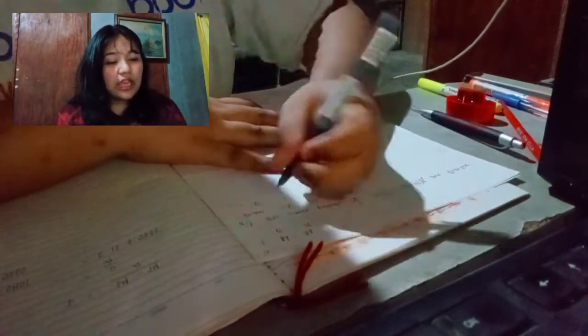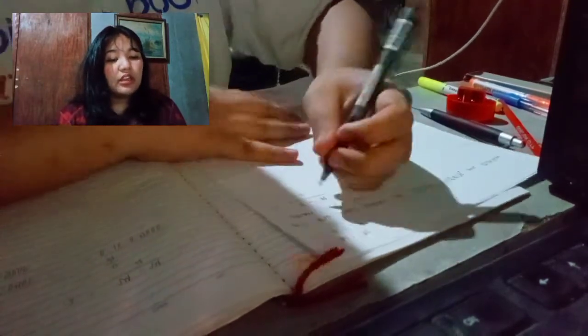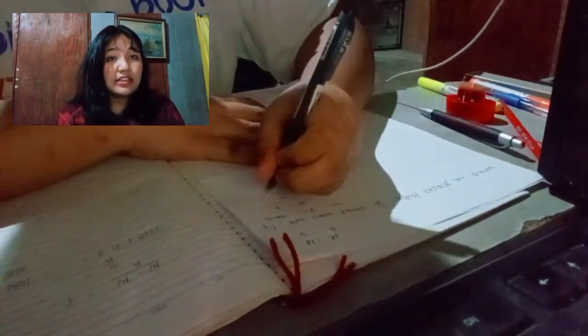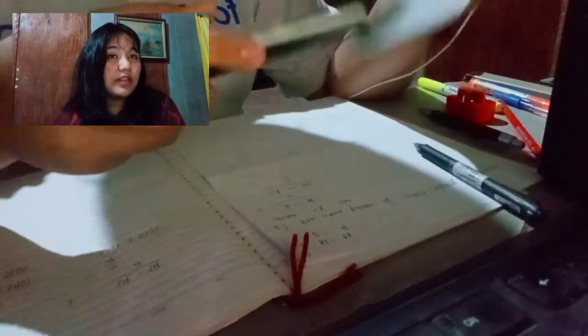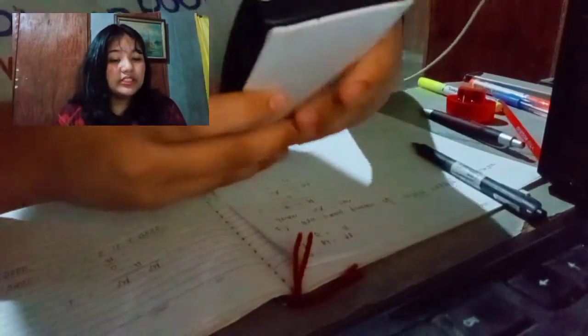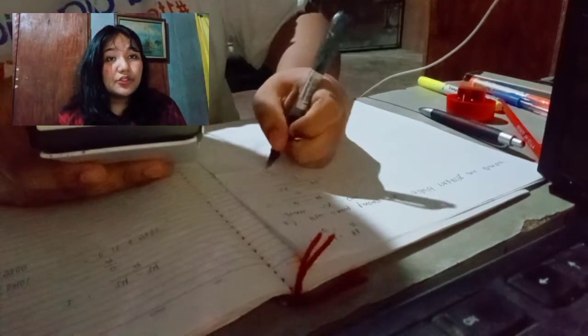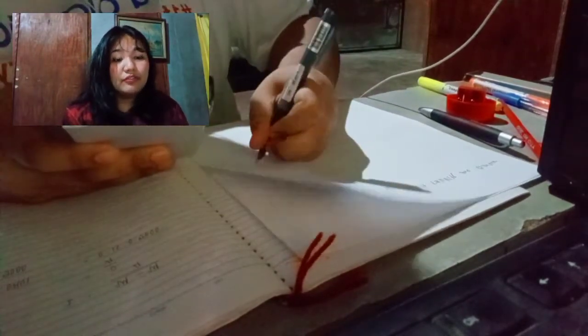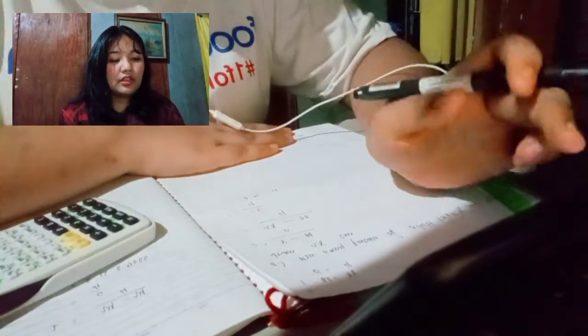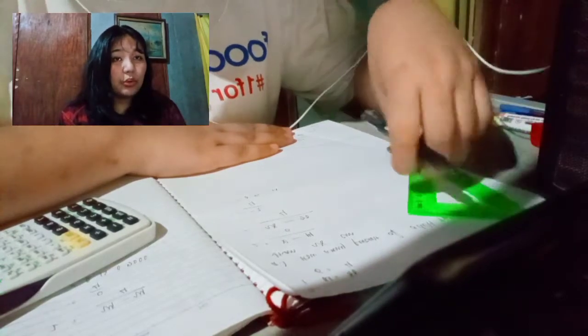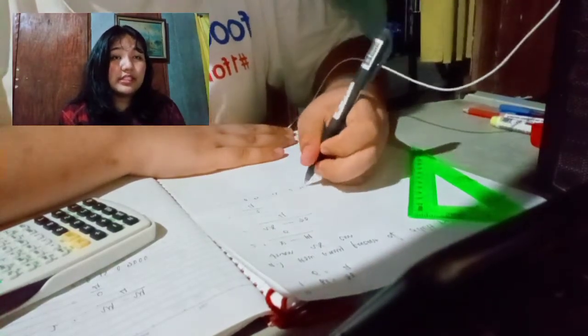After that, I substituted the values. So it became z is equal to 28 minus 30 all over 4. So 28 minus 30 is negative 2 divided by 4. It became negative 0.5. After that, we will get the value of negative 0.5 from the z-score table.